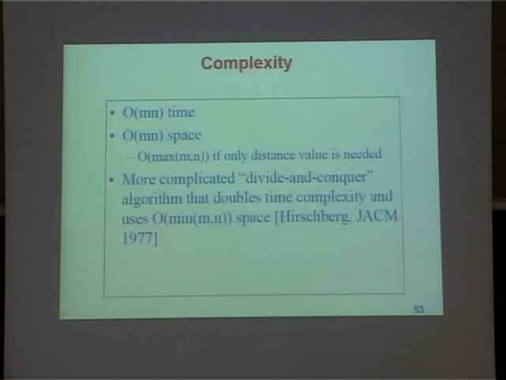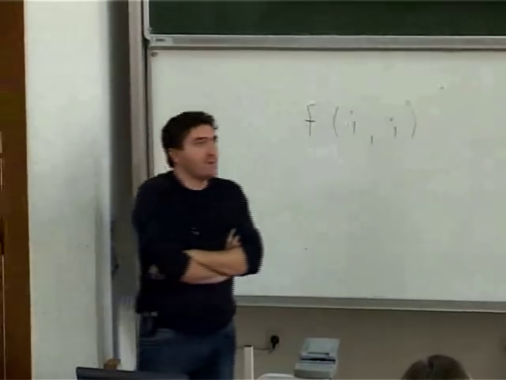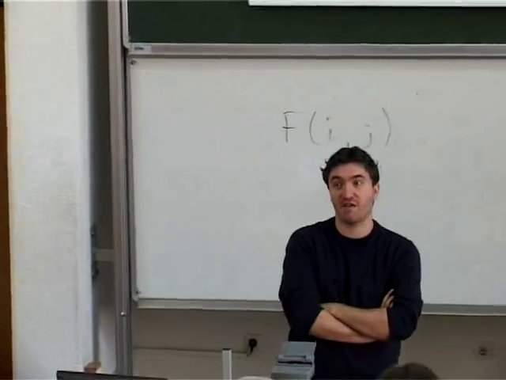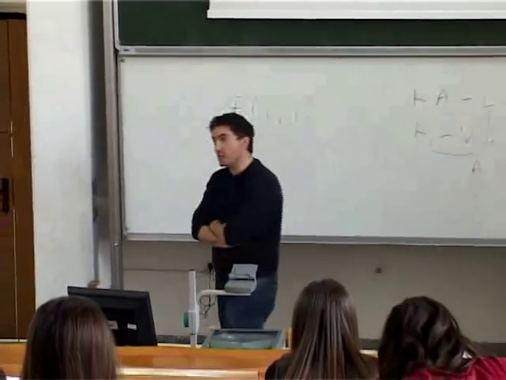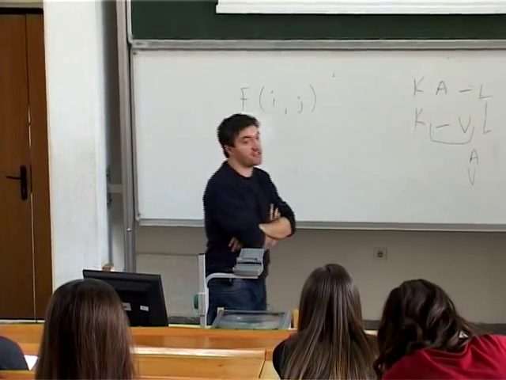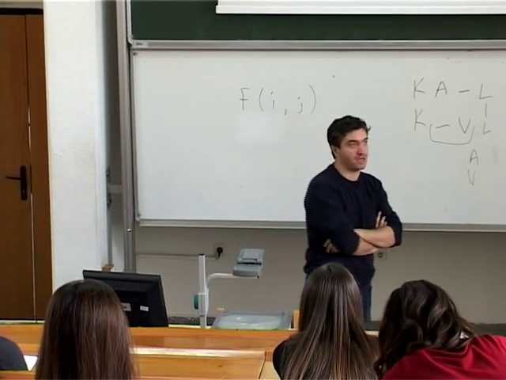Now, it's a polynomial time algorithm. Polynomial time algorithms are considered efficient algorithms, okay? If you have a polynomial solution to a problem in computer science, it's considered efficient. It's doable, it's tractable.